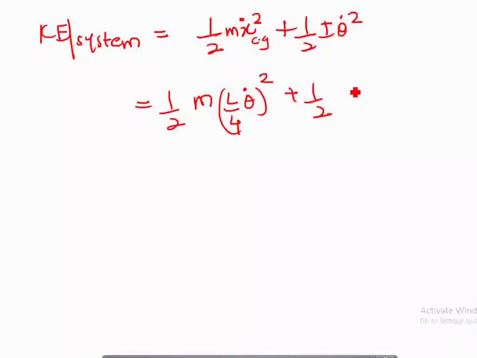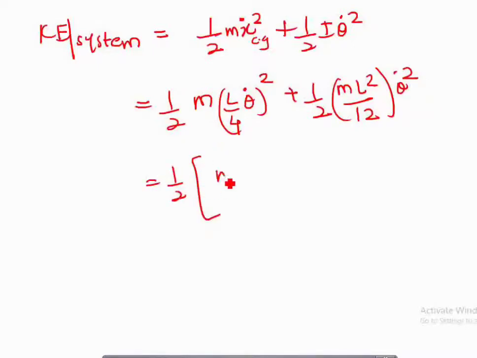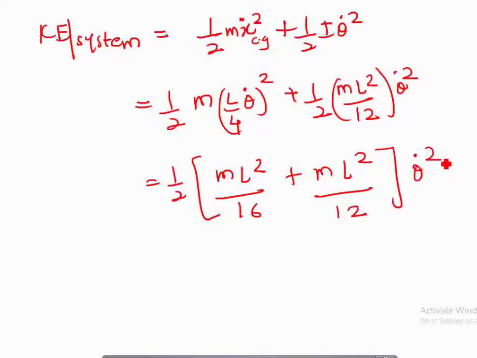Now this compound pendulum is nothing but a vertically suspended slender bar, so for that I is ml square by 12 into theta dot square. Taking one half common, you get ml square divided by 16 plus ml square divided by 12, into theta dot bracket square.